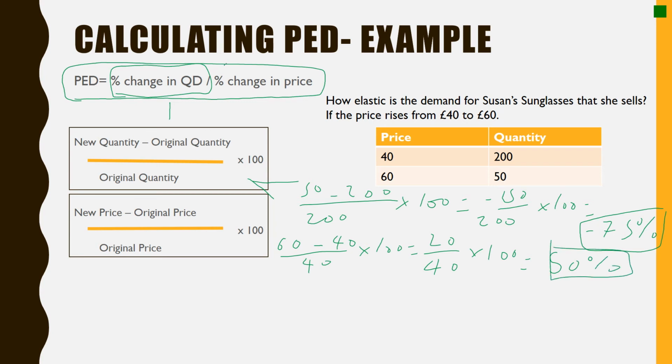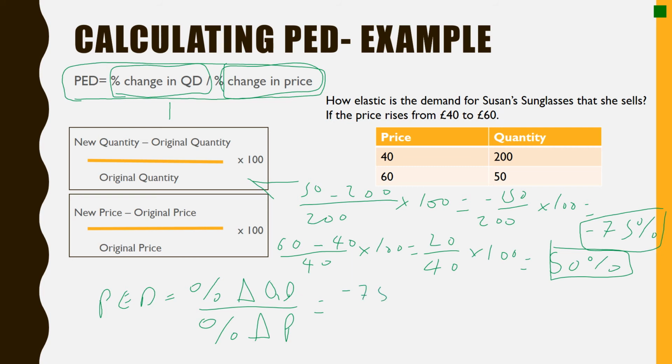Okay, so we've worked out now the percentage change in price, and we've worked out the percentage change in quantity demanded. So we use the following formula: PED is equal to the percentage change in quantity demanded divided by the percentage change in price. So that is minus 75% divided by the percentage change in price, okay, which we calculated as 50%.